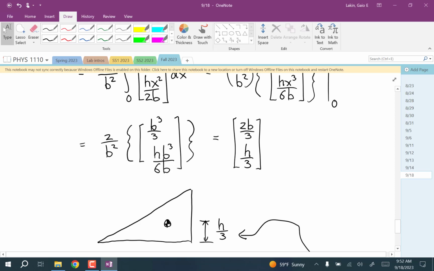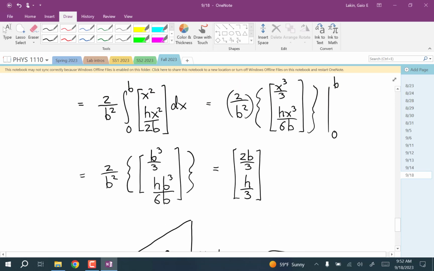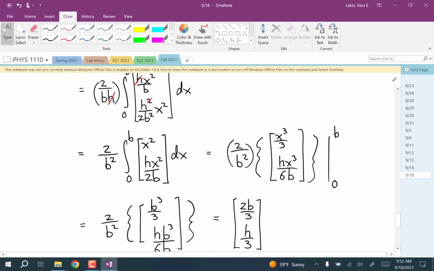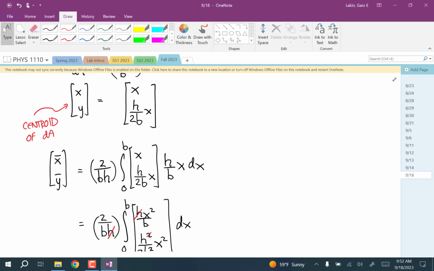So you just think of them as two separate problems. Exactly. And that'll come up in dynamics and deformables a lot, actually. Yeah, I sort of glossed over that, but you're calculating the x centroid, and then separately calculating the y centroid.